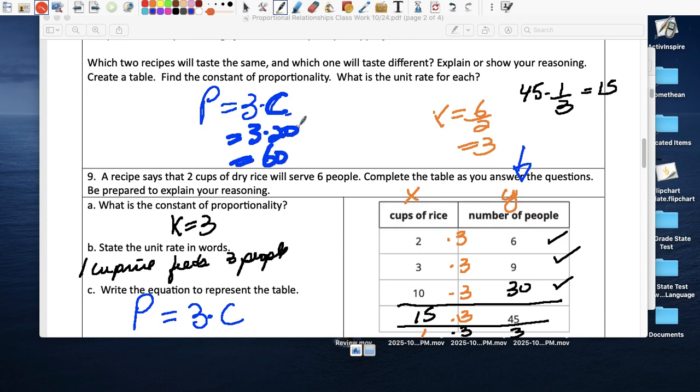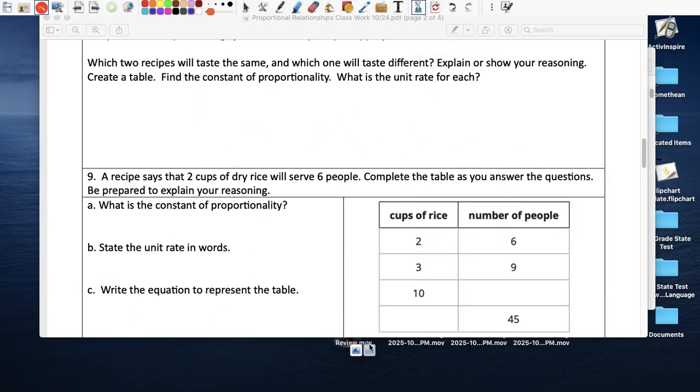So if you want to find the number of people that you can feed, all you have to do is multiply the cups of rice that you're cooking times 3. Okay. So the equation is P equals 3 times the cups of rice, or if you want to write it in terms of x, it's y equals 3x. To get the number in the y column, I have to multiply everybody in the x column by what? By 3.